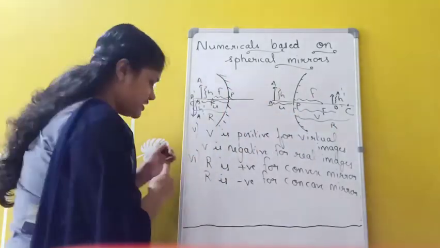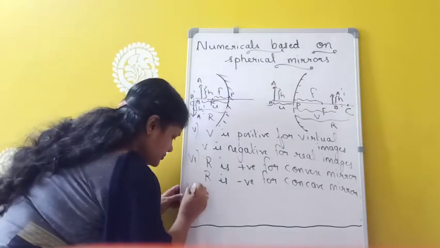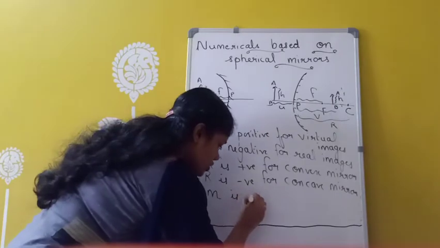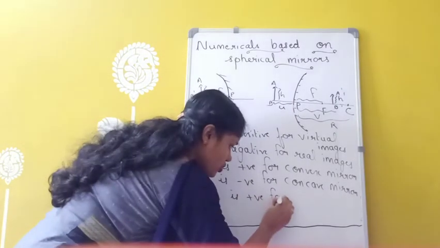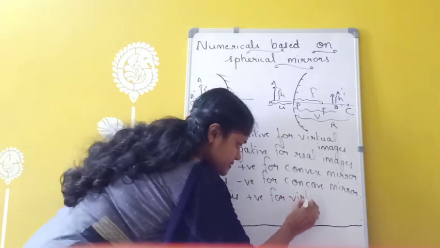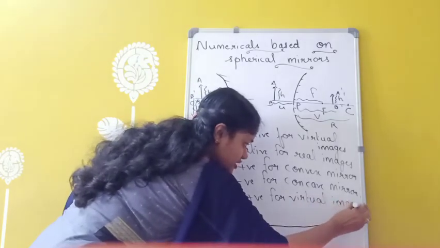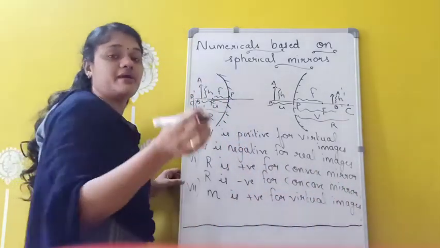Now about magnification. Magnification symbol is M. M is positive for virtual images. I already told you when I taught you this magnification.